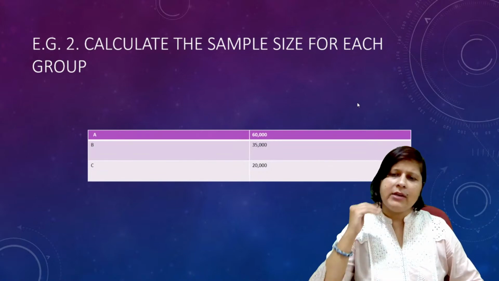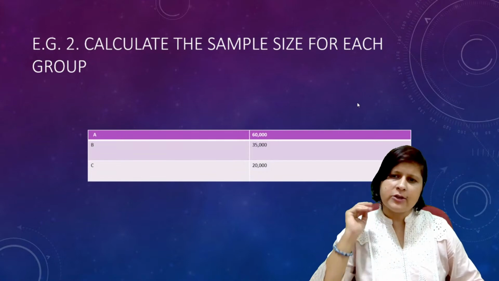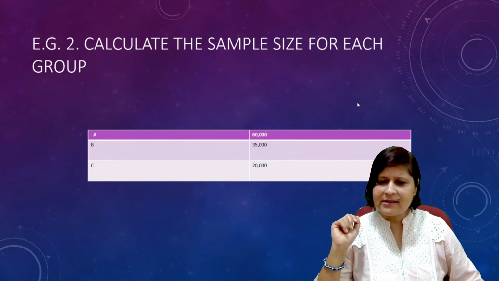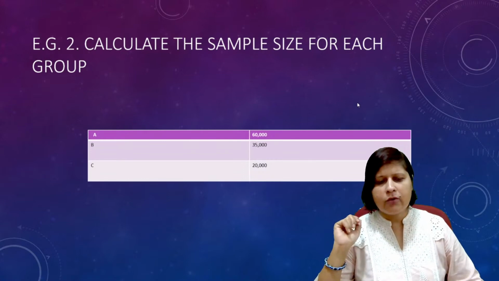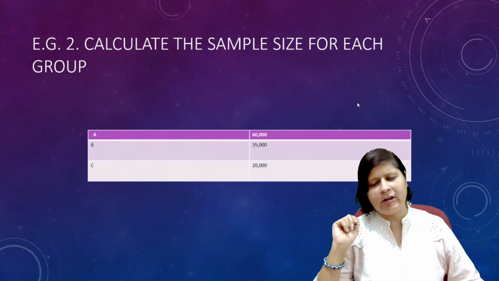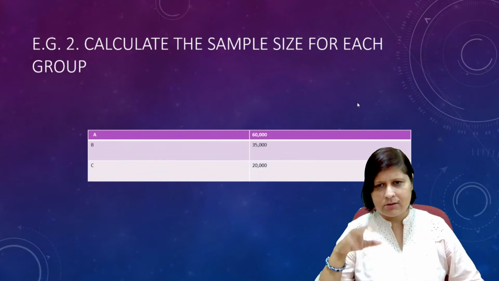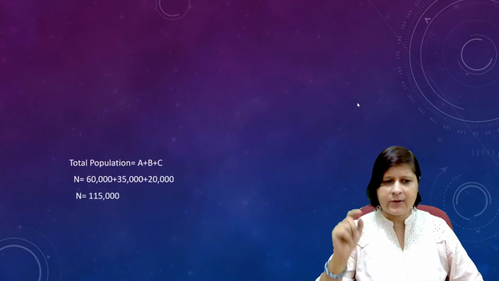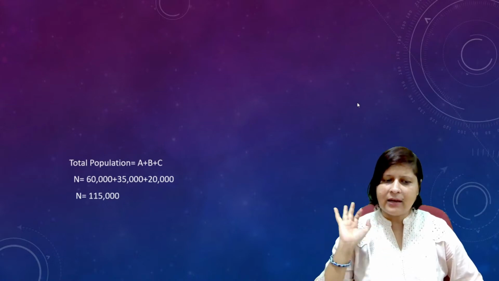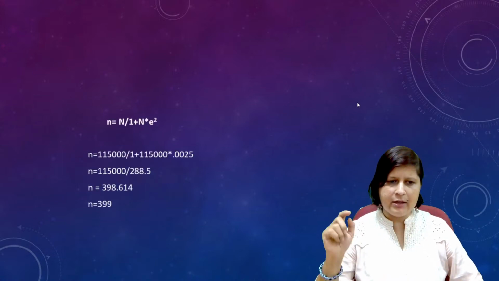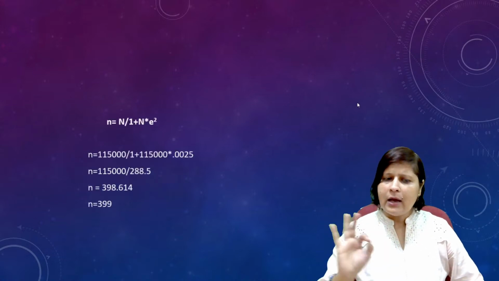Suppose there are 3 strata, strata A, B, and C. The population of stratum A is 60,000, stratum B is 35,000, and stratum C is 20,000. The total population is A plus B plus C, that is 1,15,000, right?